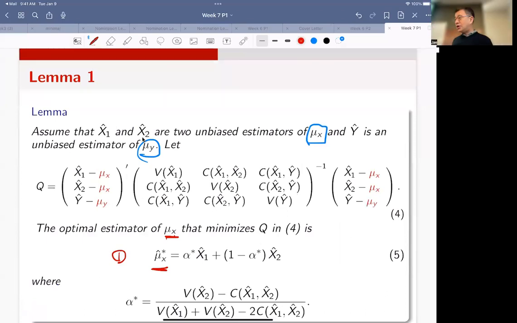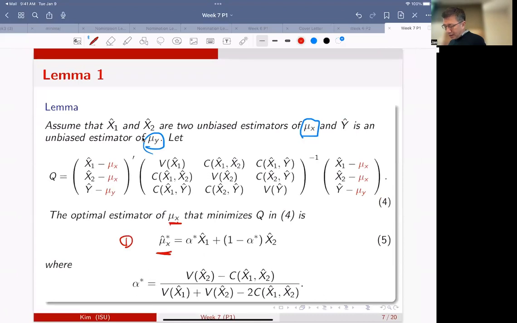Suppose this is your PhD thesis. When you write your thesis, you encounter this problem, and you need to prove it. And how do you prove it?